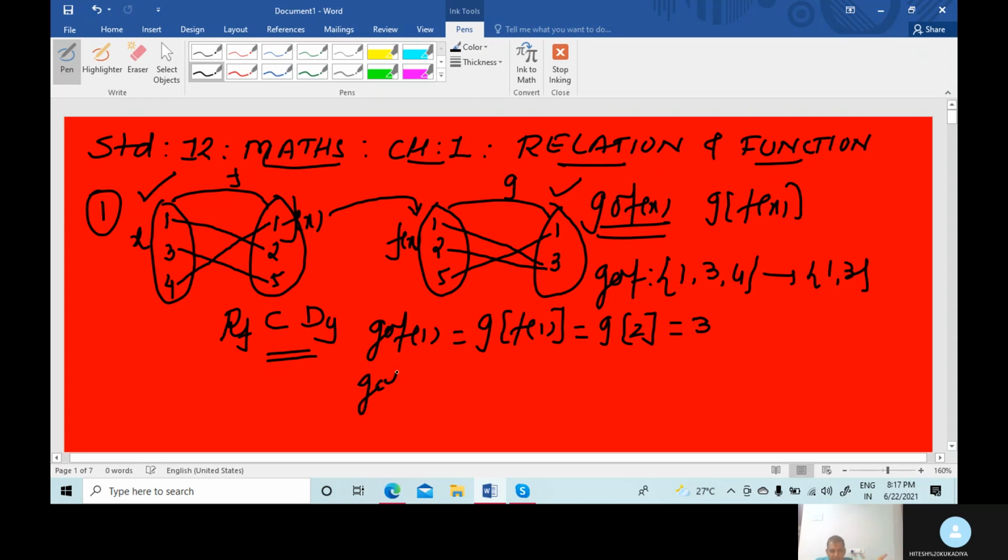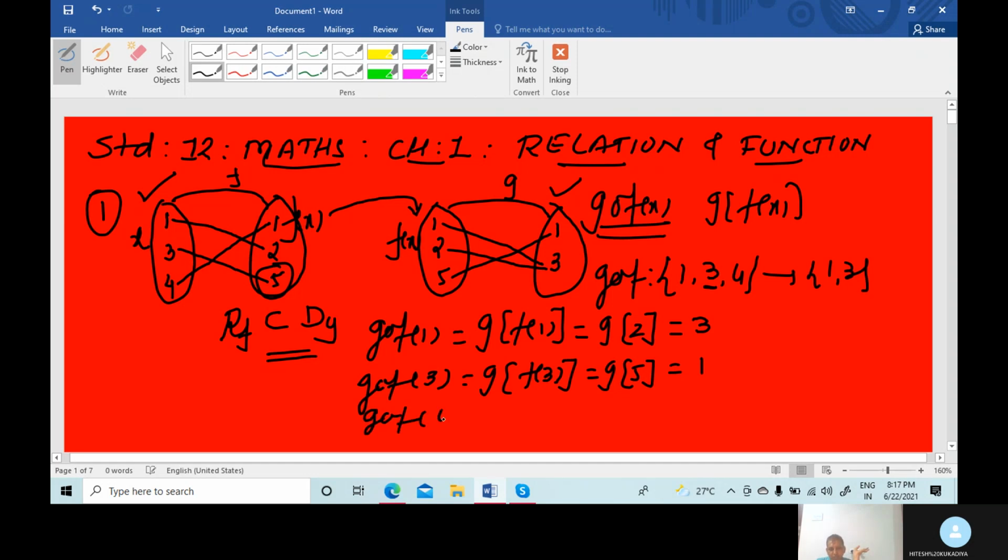Now for g∘f, place the second value 3. So g of f(3): f(3) is 5 and g(5) is 1.